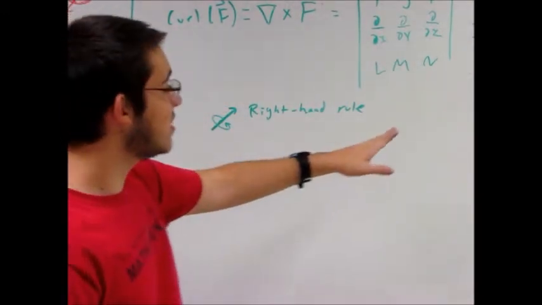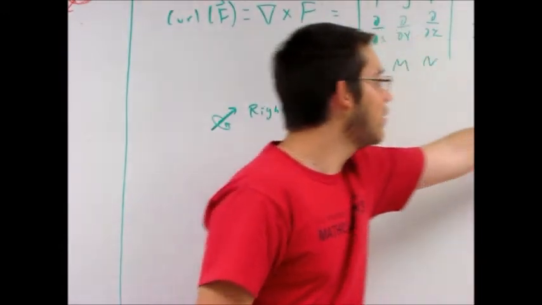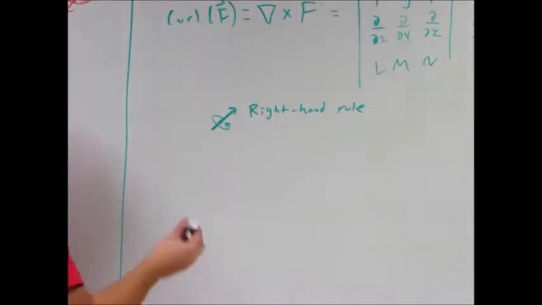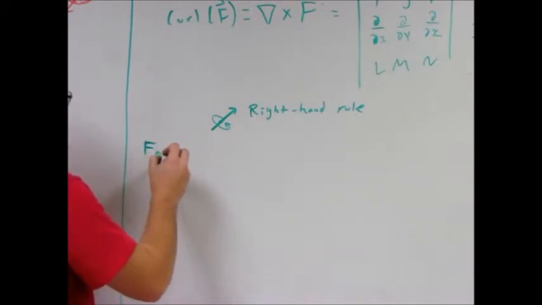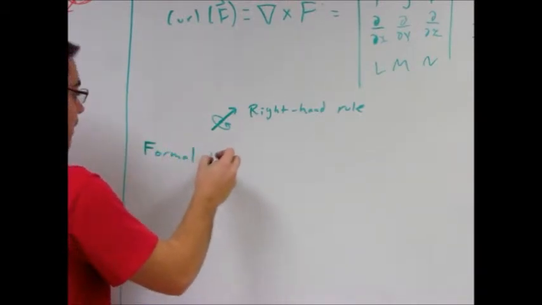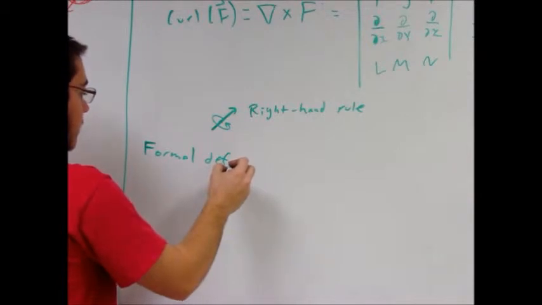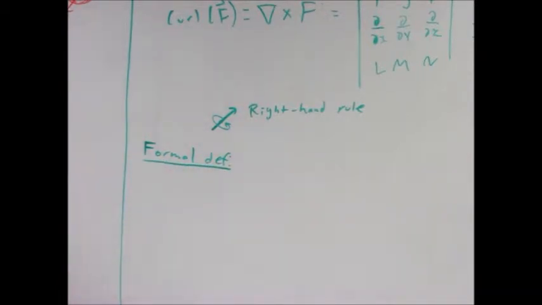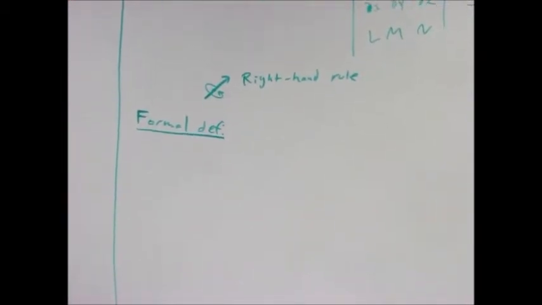Now, of course, this is a very long thing to remember. That's why we just use this. But there is, again, a formal definition that does not use x, y, and z.